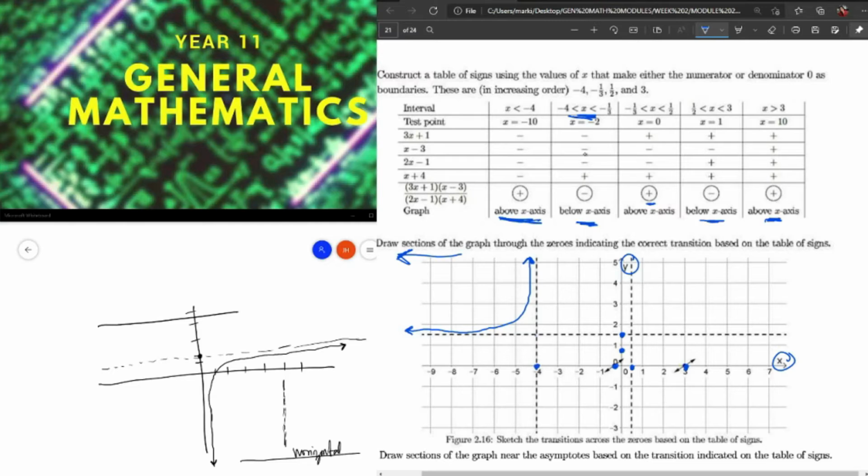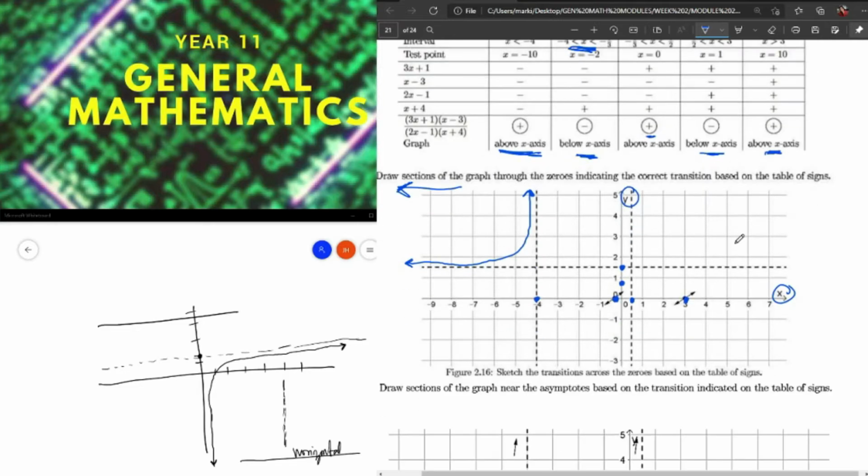Okay, so next we have to consider this one. x is in between -4 and -1/3. So as you can see here, it is below the x-axis. Of course we are not going to put it here, giving a space, because we already have a point here.